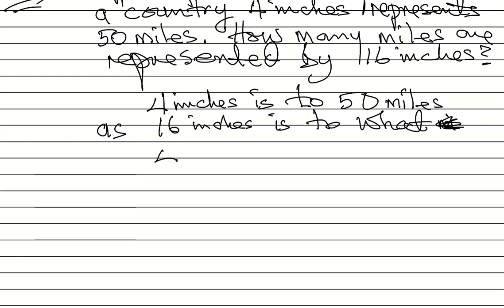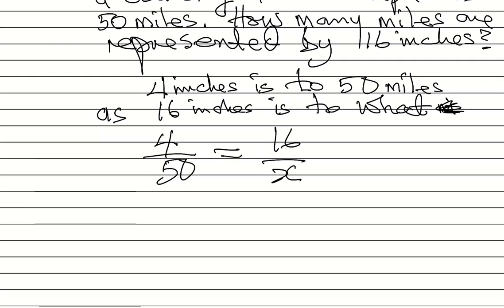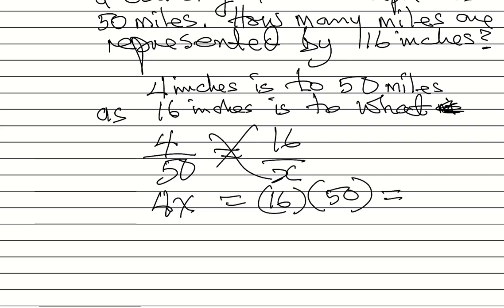It says 4 inches is over 50, right? It's equals to 16 is over what? That's why you gotta use that variable. So if you solve for that variable, you get 4x, you cross multiply. You get 4x equals to 16 times 50, right? 16 times 50 will give you 800, right? And then you say x equals to 800 over 4.